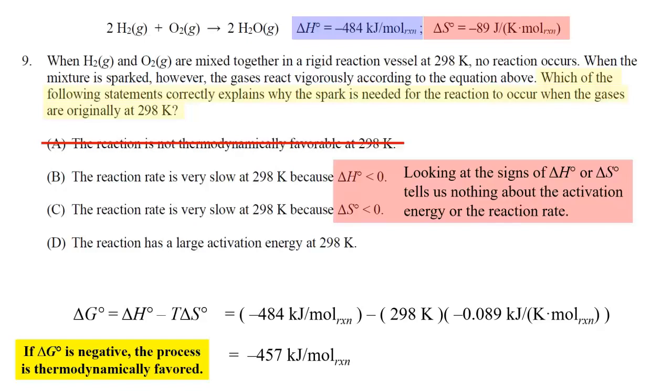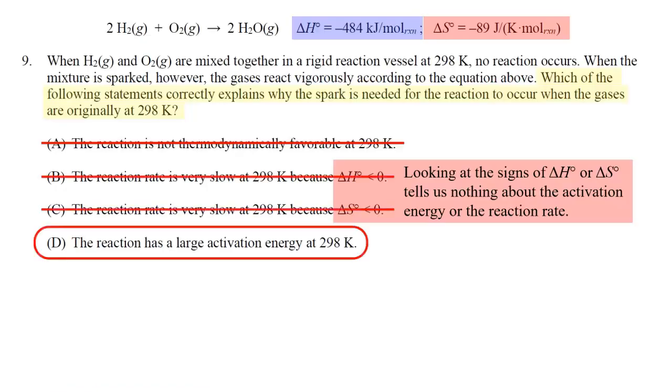No. Looking at the signs of delta H or delta S, that tells us that the reaction is exothermic, negative delta H, or that the entropy is decreasing, going from 3 moles of gas to 2 moles of gas, but that tells us nothing about the activation energy or the reaction rate. So I can eliminate choices B and C.